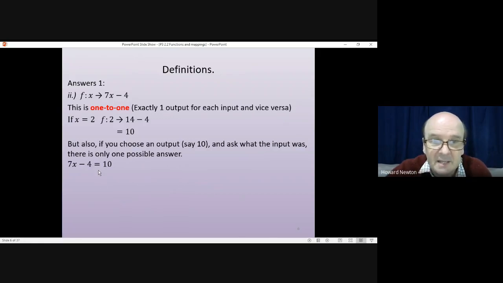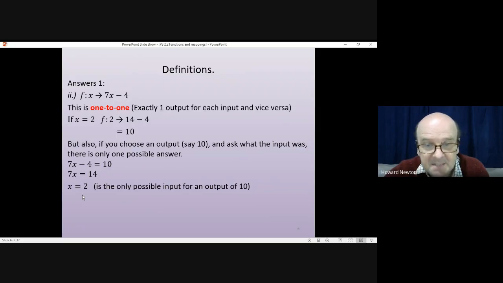Exactly the same. So 10 is the output. The input will be the value of x. We're solving the equation. That would give us 7x equals 14. That would give us x equals 2. And that is the only possible input which will give an output of 10. That's what one-to-one means. There's one output for each input. There is one input for each output, both ways around.